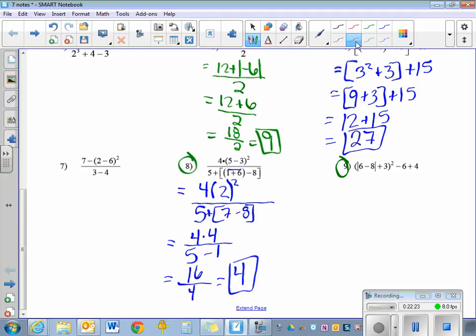Okay, so number 9, Julia, what's the first thing we can do? Right, do the parentheses. But notice inside my parentheses, there's even more that's happening. So we have to first do the absolute value within the parentheses. And Julia, what does 6 minus 8 give us? Yeah, -2.